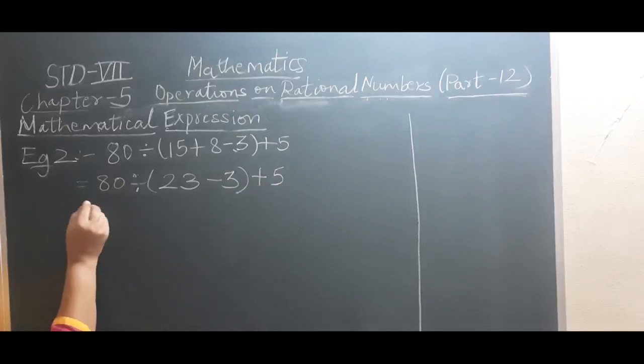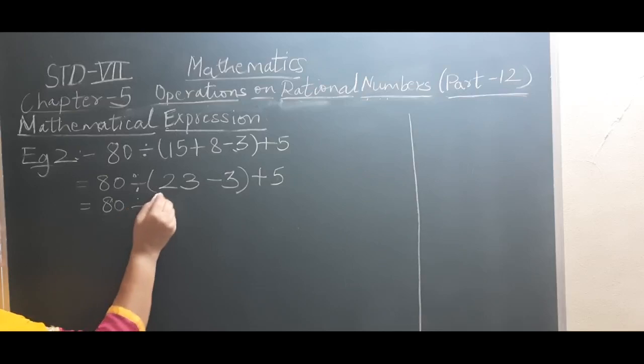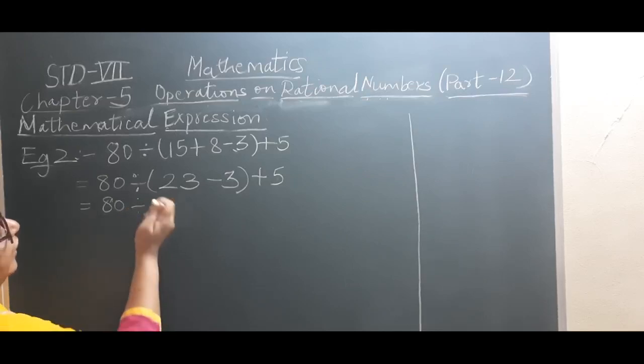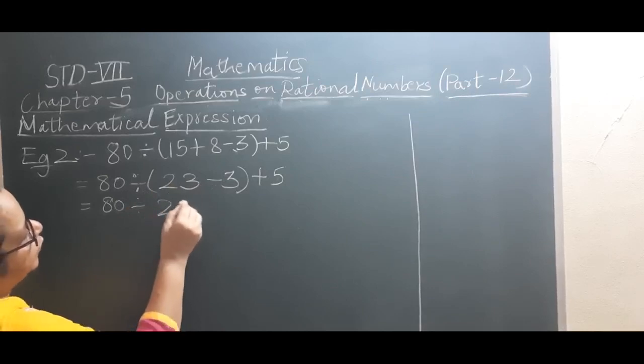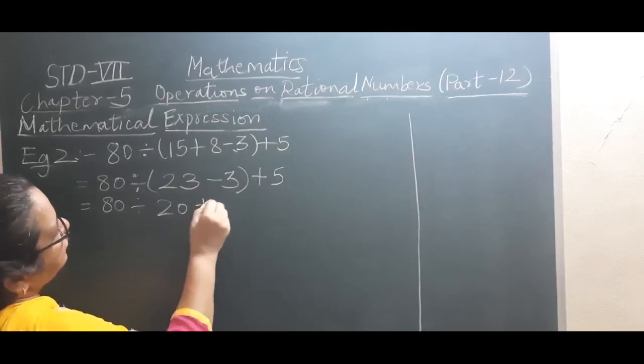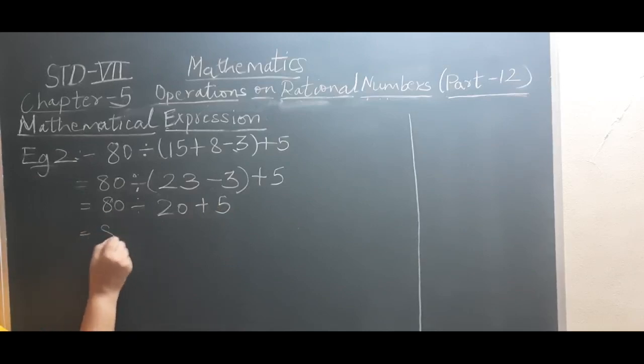In the next step, we are going to again write 80 as it is. Inside the bracket, what is given? 23 minus 3. So what will remain? 20 plus 5. Now we are going to divide 80 by 20. So it will come to 4.